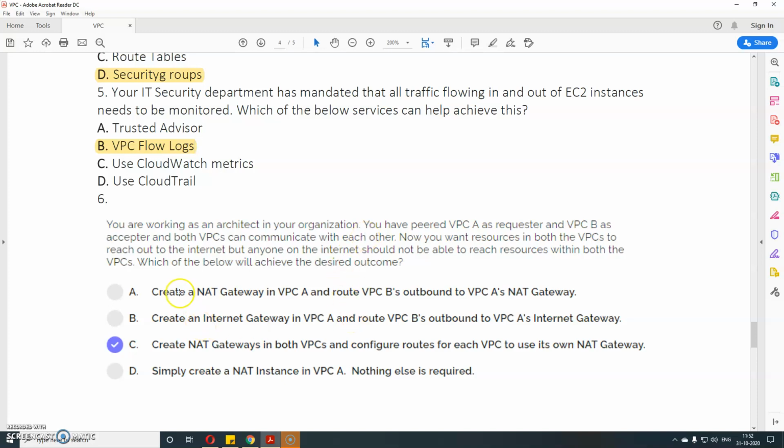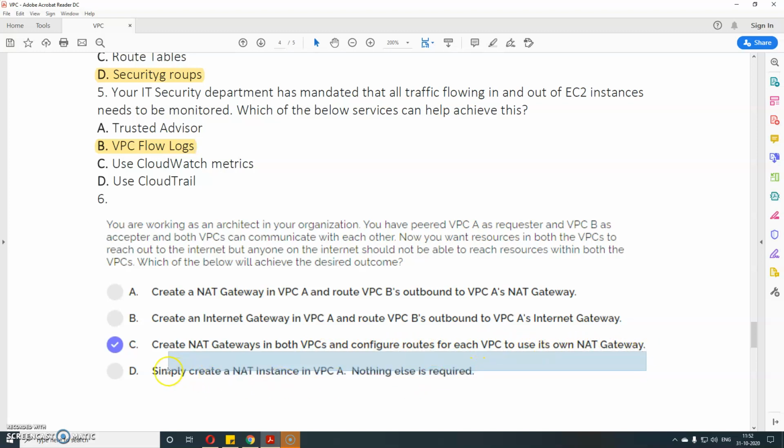So let's quickly scan. Create a NAT gateway in VPC A and route VPC B outbound to the VPC A NAT gateway. So this is not the correct option. Then create an internet gateway in VPC A and route VPC B outbound to the VPC A internet gateway. This is also not the correct option. Create a NAT gateway in both VPCs and configure routes to each VPC's own NAT gateway.